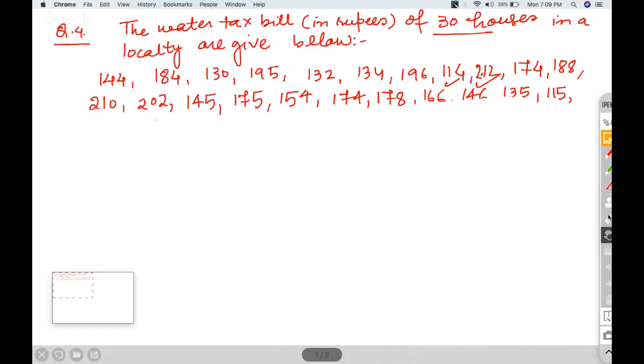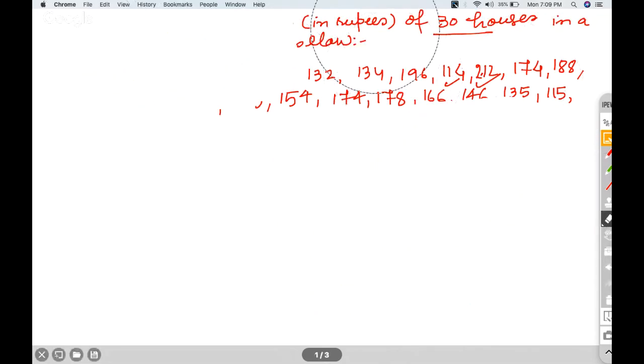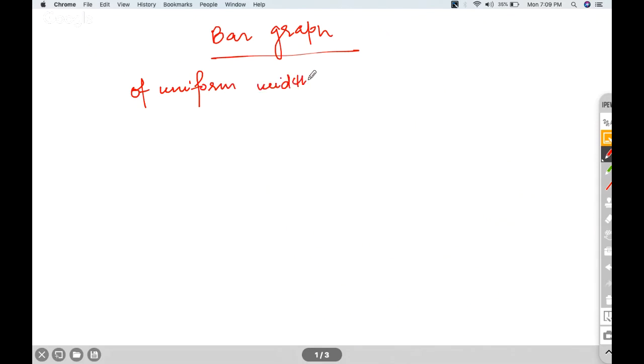So now let me go to another concept, which is the formation of different types of graphs. So I'm starting with the bar graph. The bar graph is one of the simplest. Bar graph is nothing but bars of uniform width and varying height.